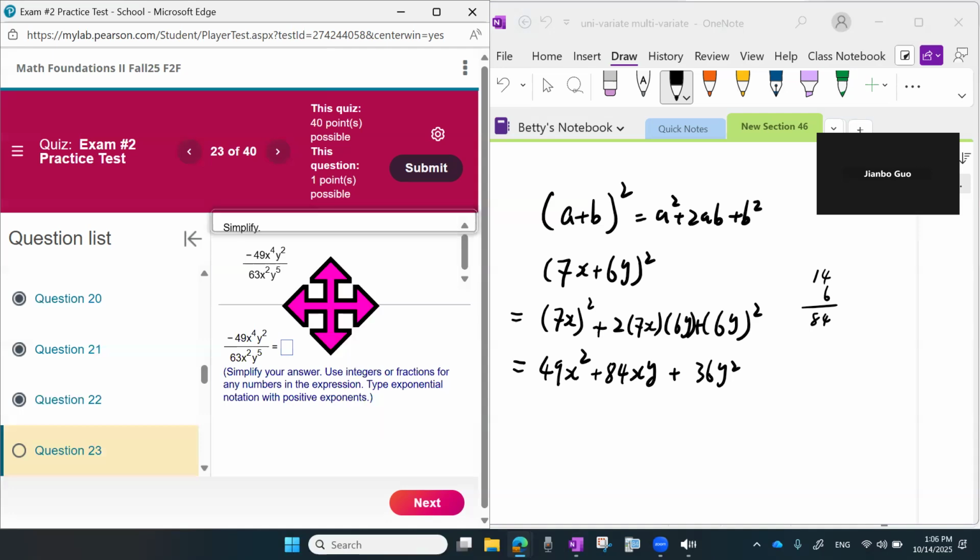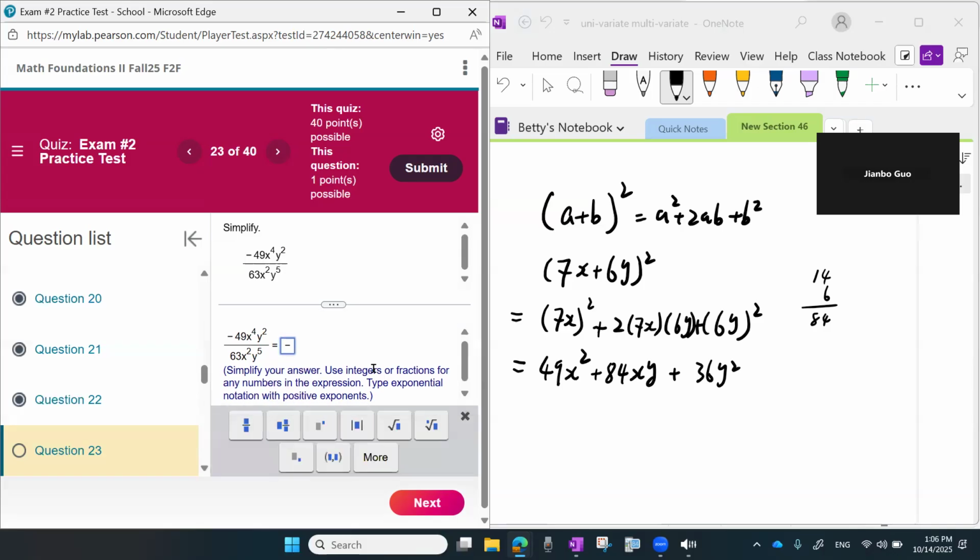Number 23. Simplify the quotient. As we can see, we have x and y both in the numerator and the denominator with different exponents. Firstly, the quotient is going to be negative. Numerator we have 49, denominator we have 63, and they have a GCF 7.